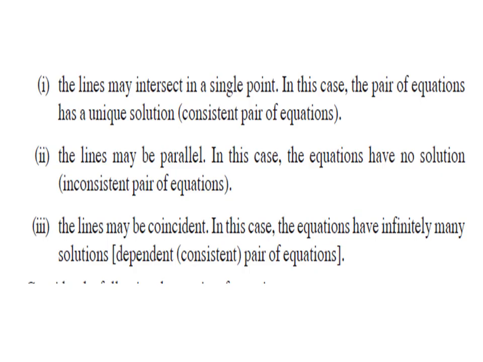Lines may be parallel. In this case, the equations have no solution, also named an inconsistent pair of equations. Lines may be coincident. In this case, the equations have infinitely many solutions, known as a dependent pair of equations.